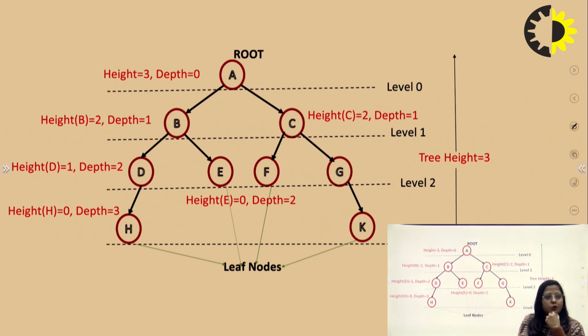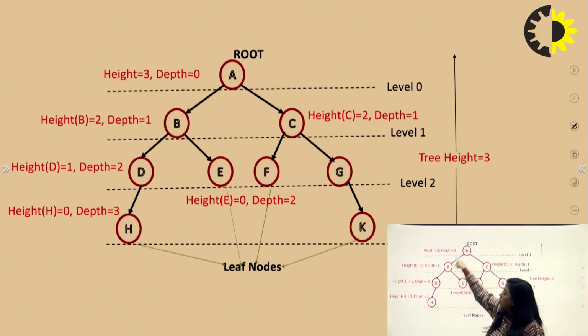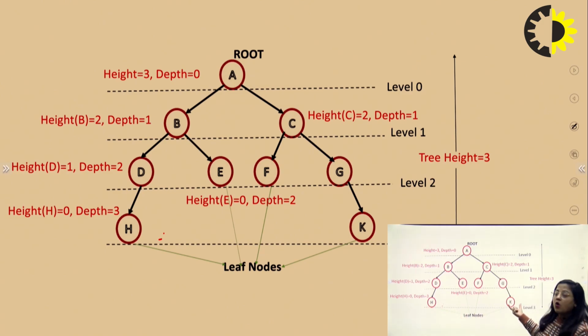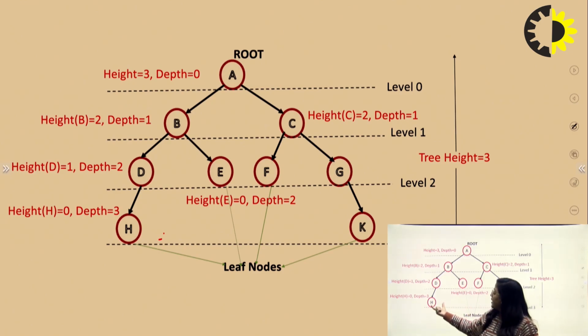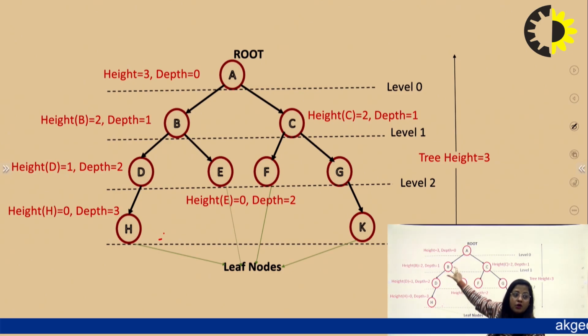So according to this we can easily check the height of this node, in the down to upward direction. From here we check the height of this node H, which is always 0. But the depth is 1, 2 and 3. These are the edges counted for the depth. The depth of this H node is 3.